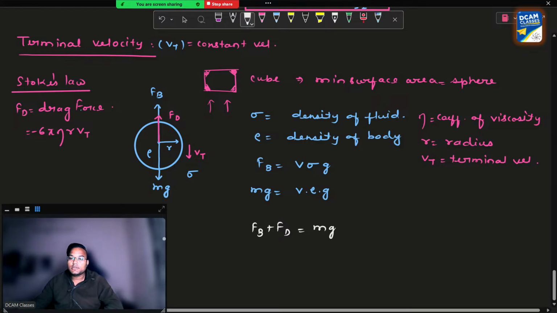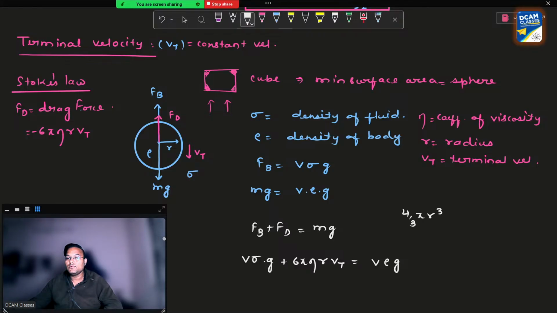Now let's put the values. V sigma g plus the drag force, 6 pi eta r vt, is equal to V into rho into g, and the volume of a sphere is 4 by 3 pi r cube.